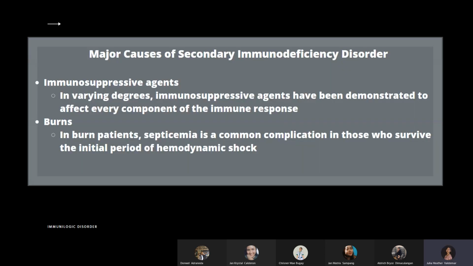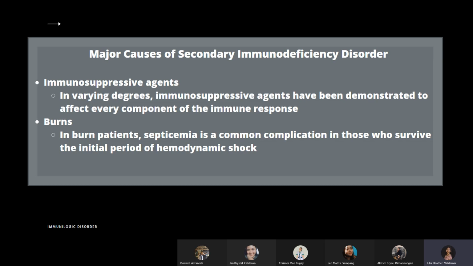So the major causes of secondary immunodeficiency disorder: first, it is the immunosuppressive agents. In varying degrees, immunosuppressive agents have been demonstrated to affect every component of the immune system or the immune response. That's why it is a major cause of secondary immunodeficiency disorder.